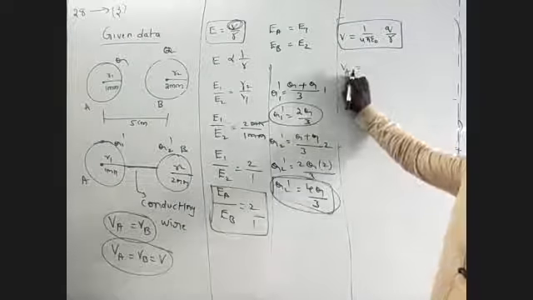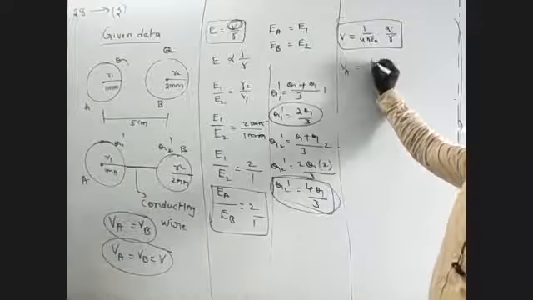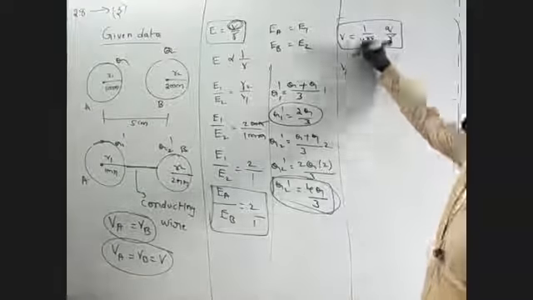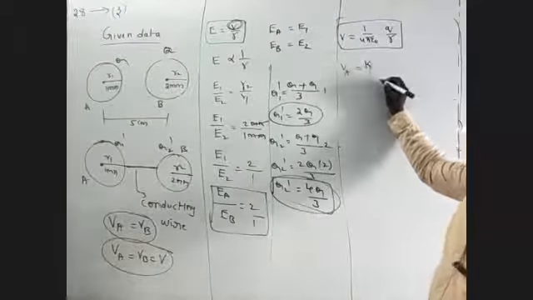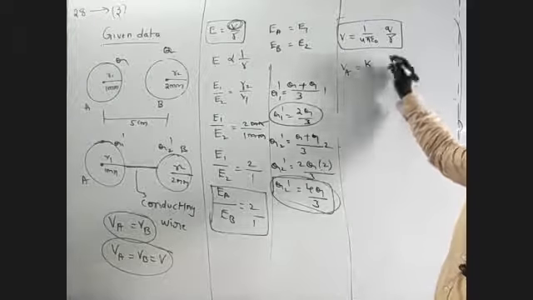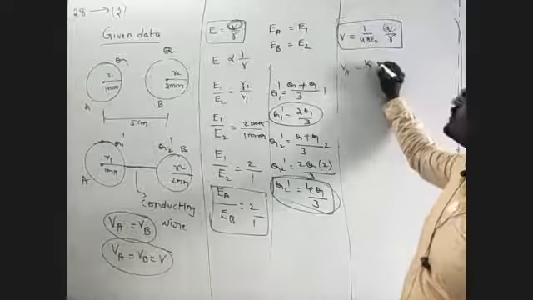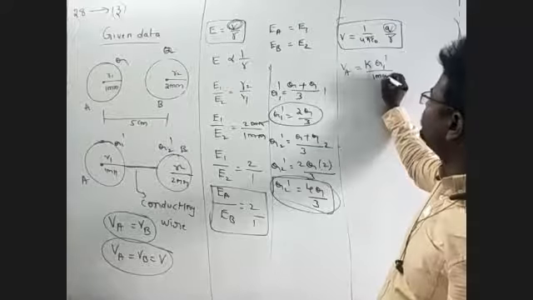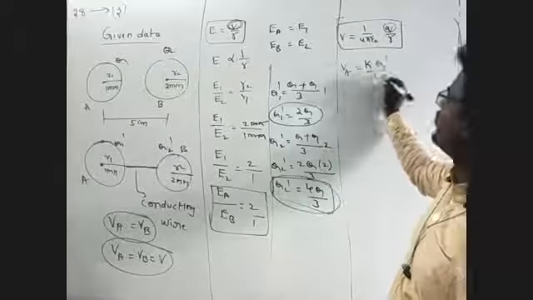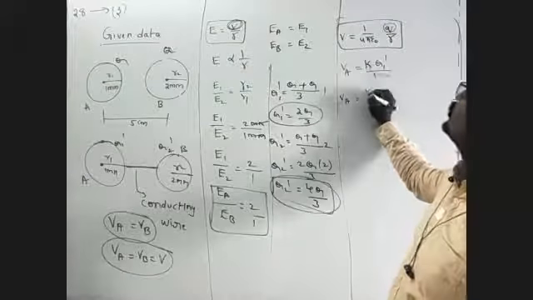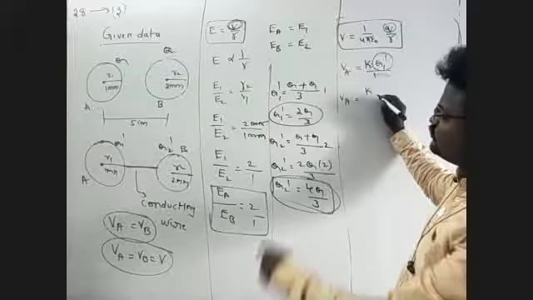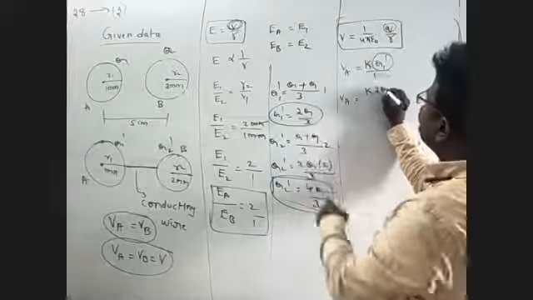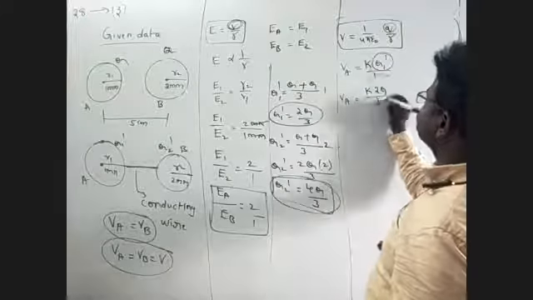VA, the electric potential at point A, is equal to 1 by 4 pi epsilon naught, take it as K, times Q, that is Q1 dash, by the radius, which is 1 mm. So VA is equal to K times the Q1 dash value, 2Q by 3, by 1.